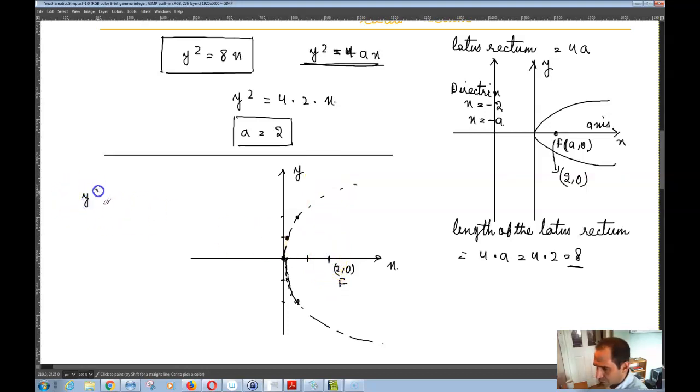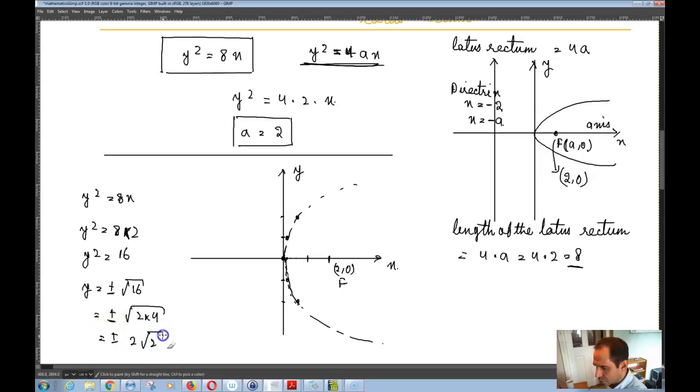So y squared is equal to 8x, and at x is equal to 2, y squared is equal to 8 times 2, and y squared is equal to 16. So y is equal to plus or minus square root of 16, which is equal to plus or minus 2 times 4, which is equal to plus or minus 2 times the square root of 2.